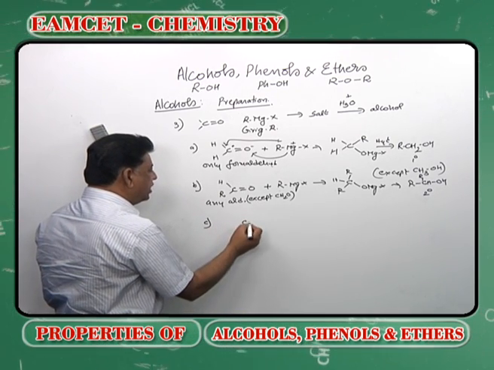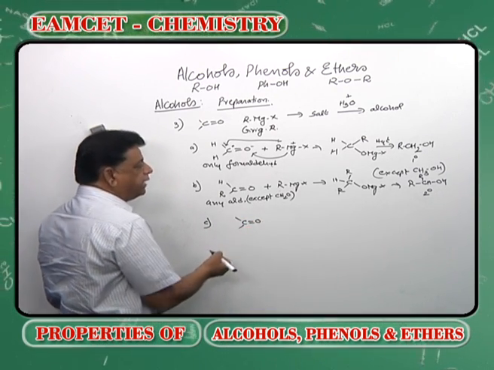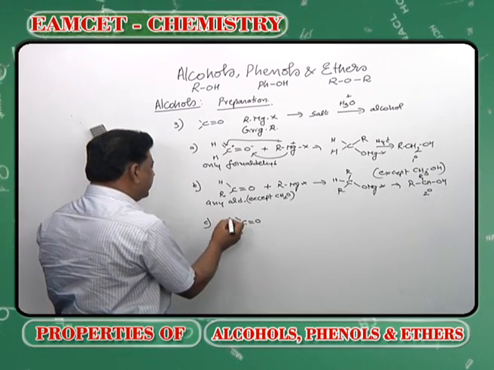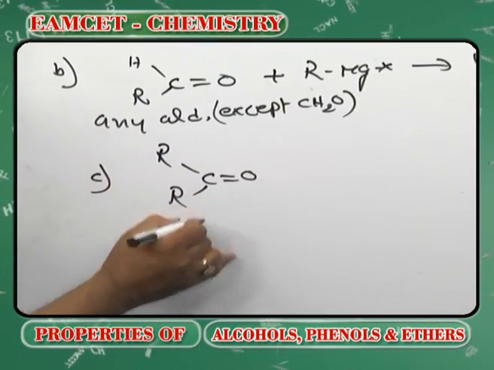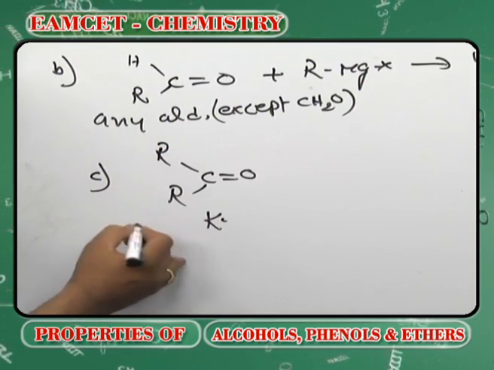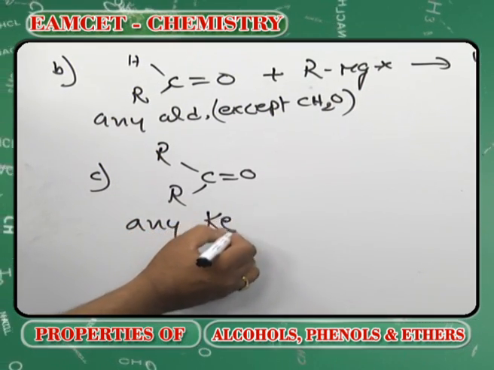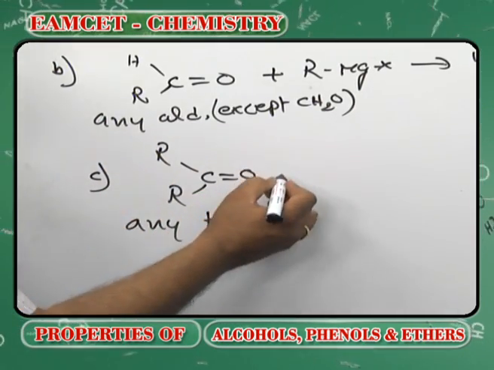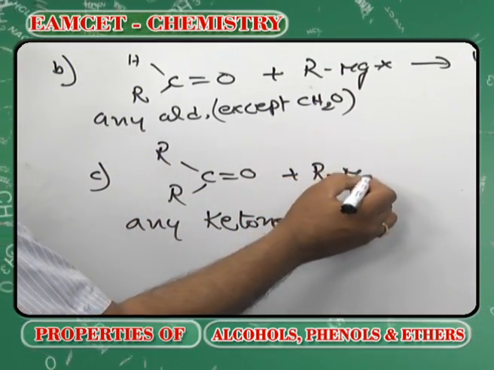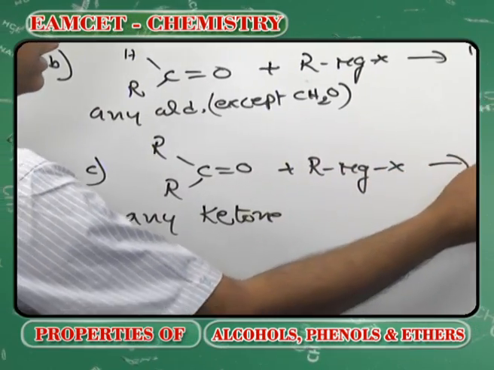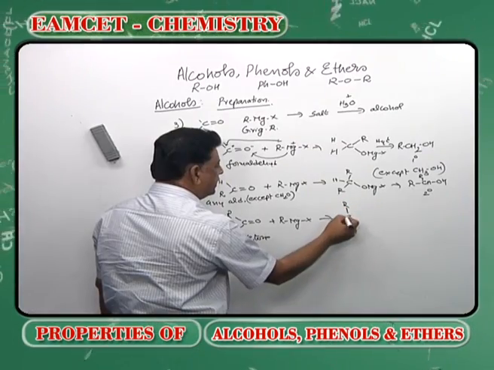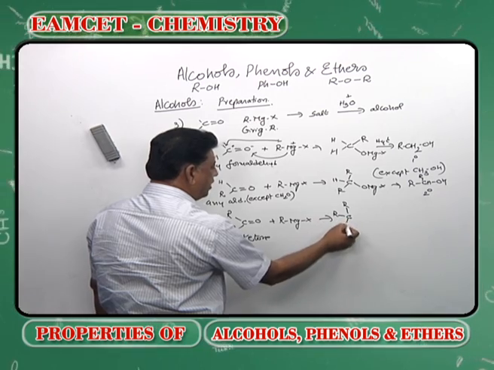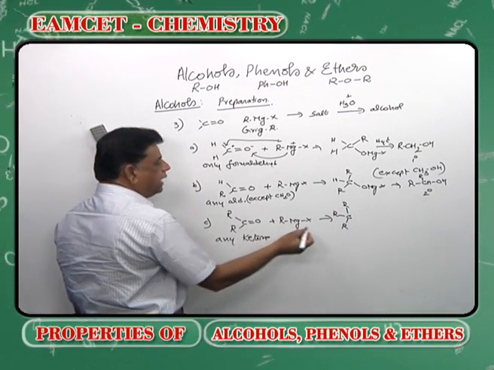Now, similarly, if you select a ketone, any ketone, but it must be a ketone, a 2 alkyl containing carbonyl compound, and add the RMgX followed by salt formation, then 2 R's are already there and a third R is coming.